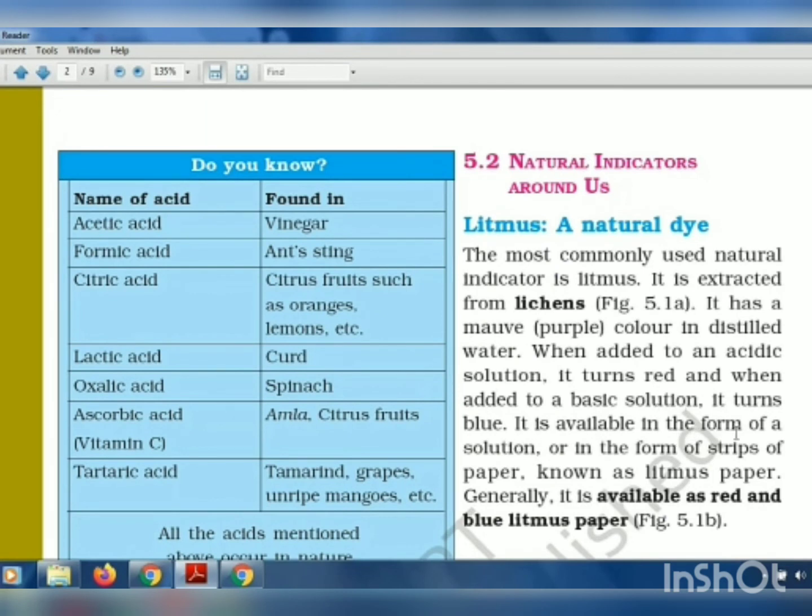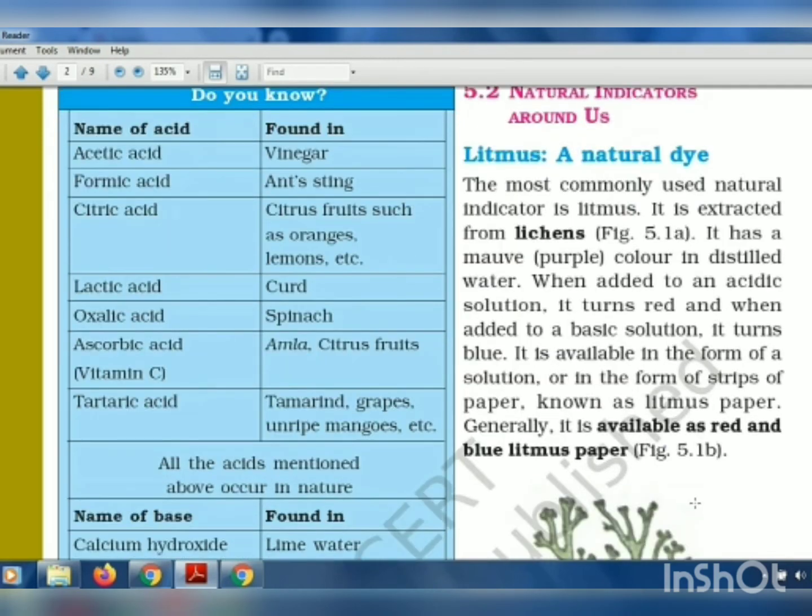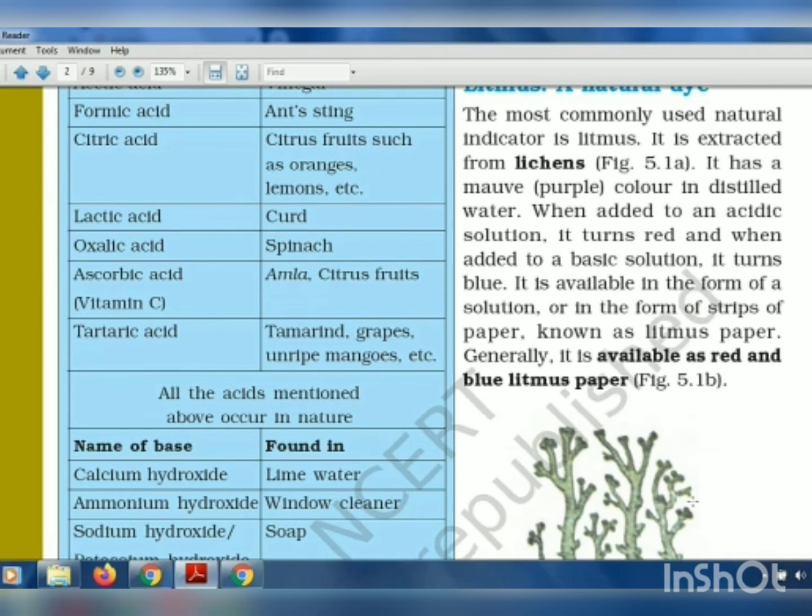It is available in the form of a solution also. We get litmus in liquid form, or in the form of paper strips, known as litmus paper. Generally this litmus paper is available in red color or blue color.